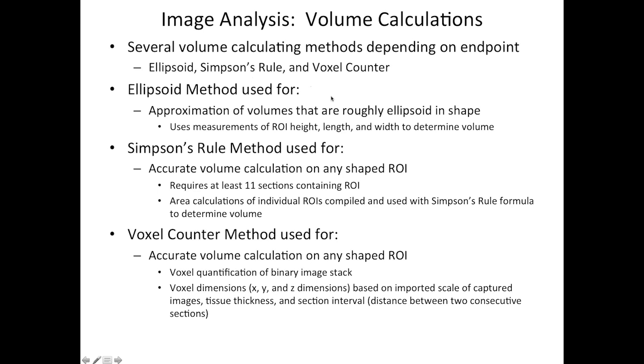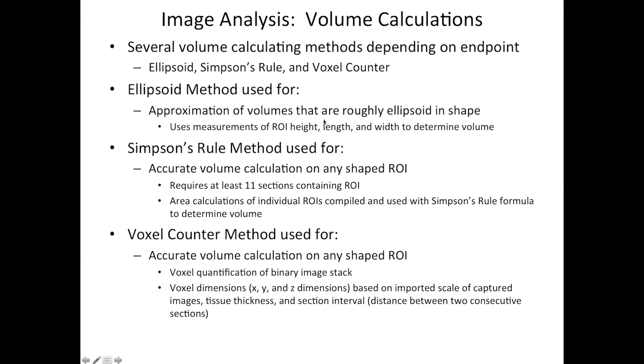Those are some good examples of measurements that we've made before in tissue. And so what it centers on are measurements of the height, length, and width of the region of interest. So there are very minimal measurements that are needed to determine the volume. And these measurements are used in a very simple formula.